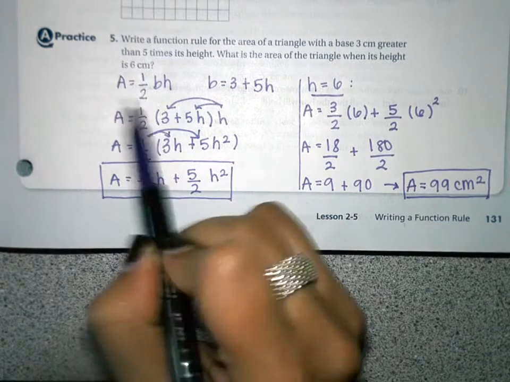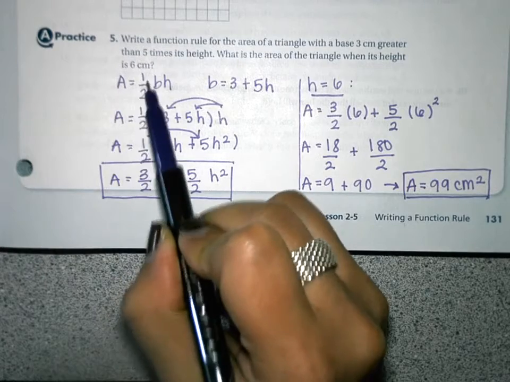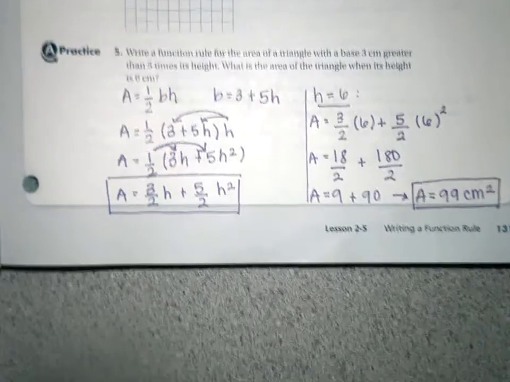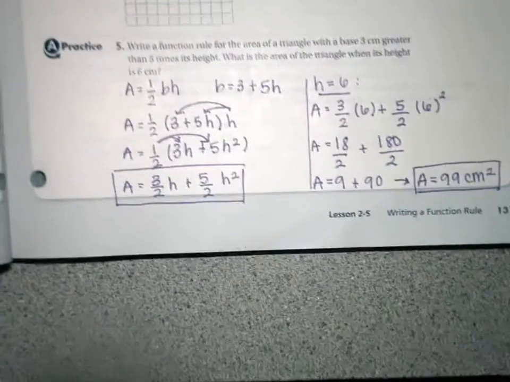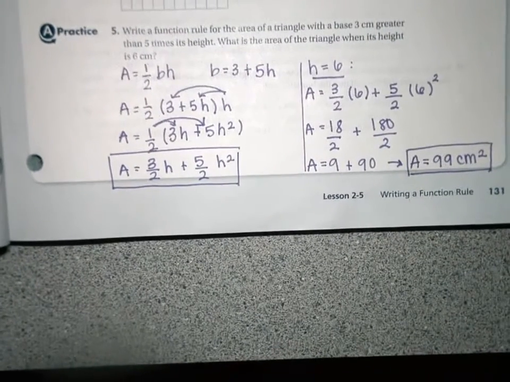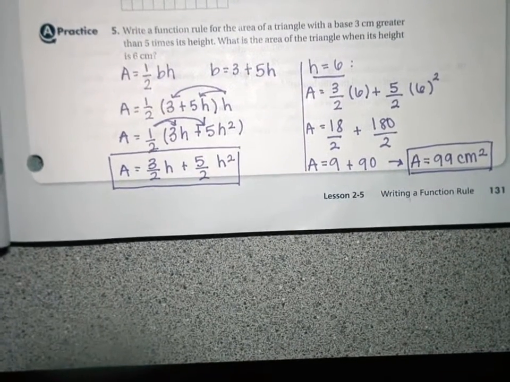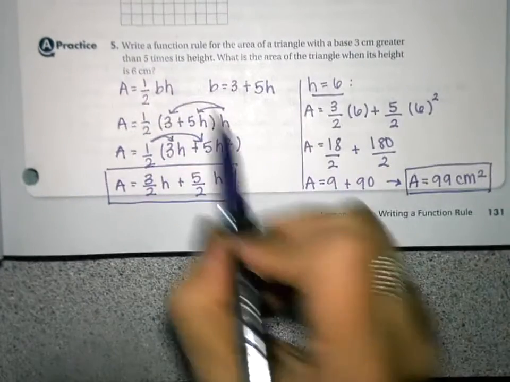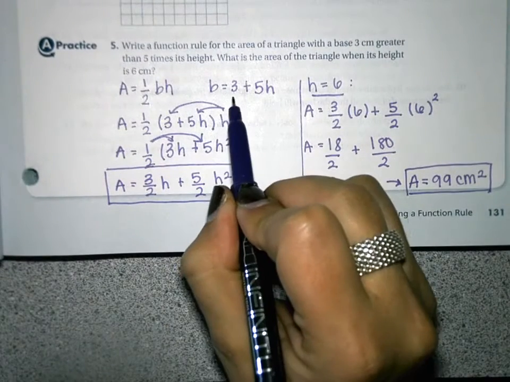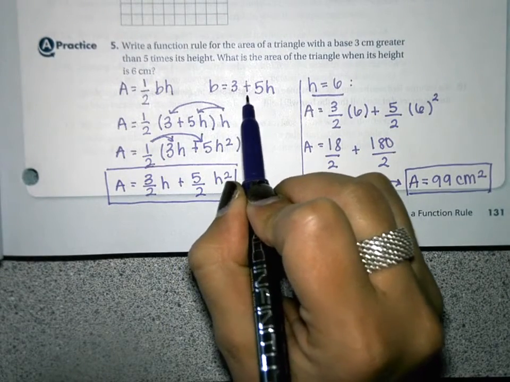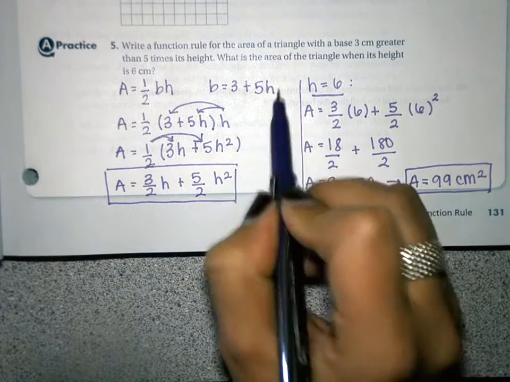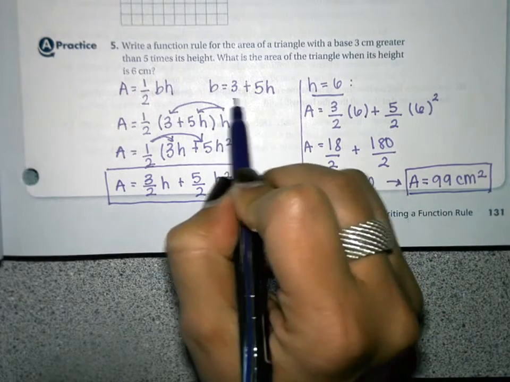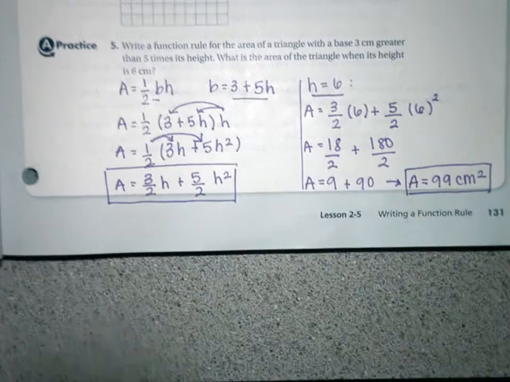So the formula for area of a triangle is area equals half times base times height. And then my base is going to be 3 centimeters greater than 5 times the height. So 3 plus 5h.